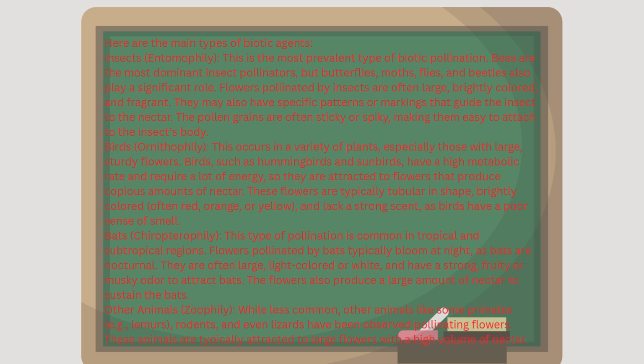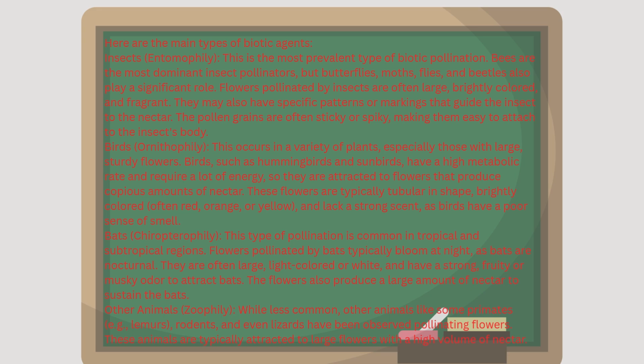So they are attracted to flowers that produce a large amount of nectar. These flowers are typically tubular in shape, brightly colored, often red, orange, and yellow, with a lack of a strong scent, as birds have a poor sense of smell.